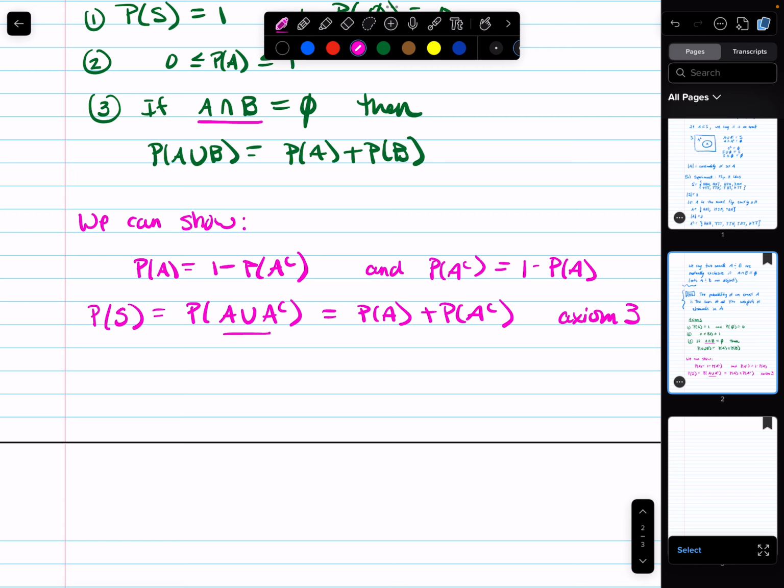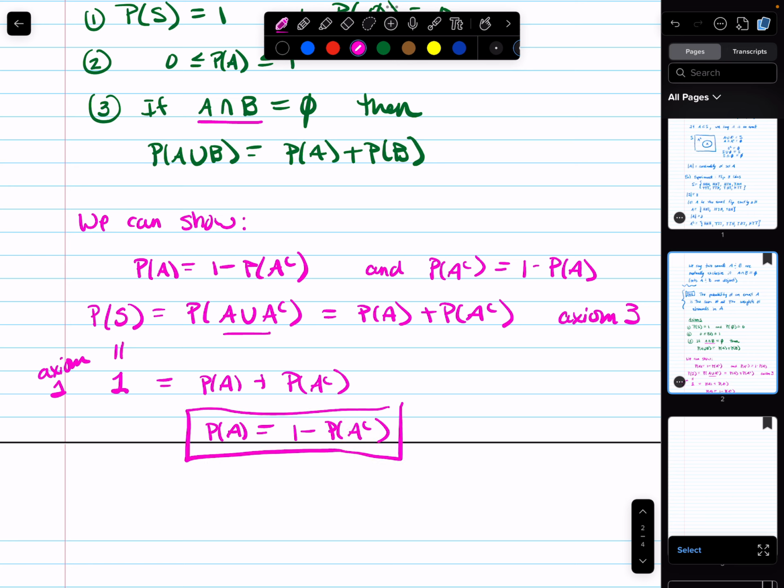And axiom 1, the probability of S is equal to 1. So 1 is equal to P of A plus P of A complement. So I just solve for one or the other, and I get 1 minus this. This is a very useful tool for us. Sometimes finding the probability of an event, it's easier to find the probability of its complement. Okay?